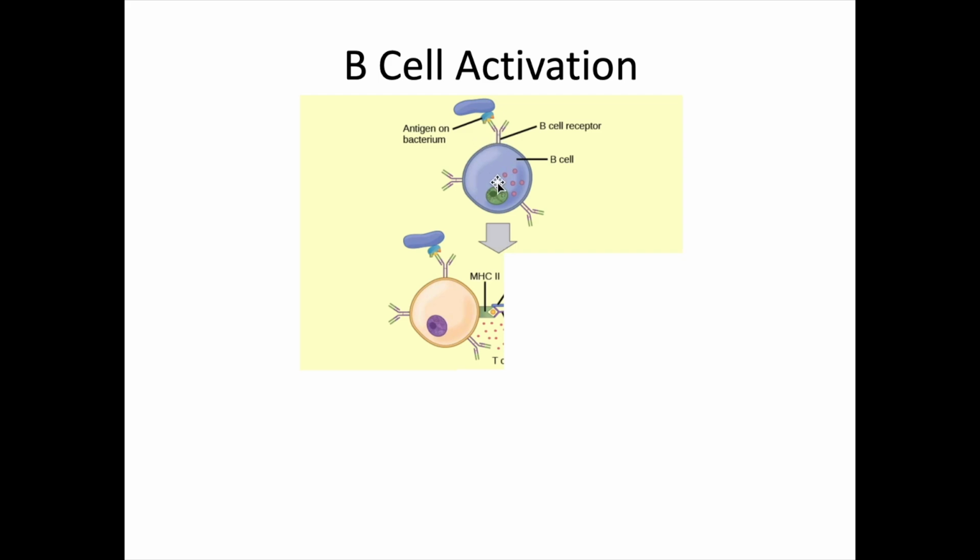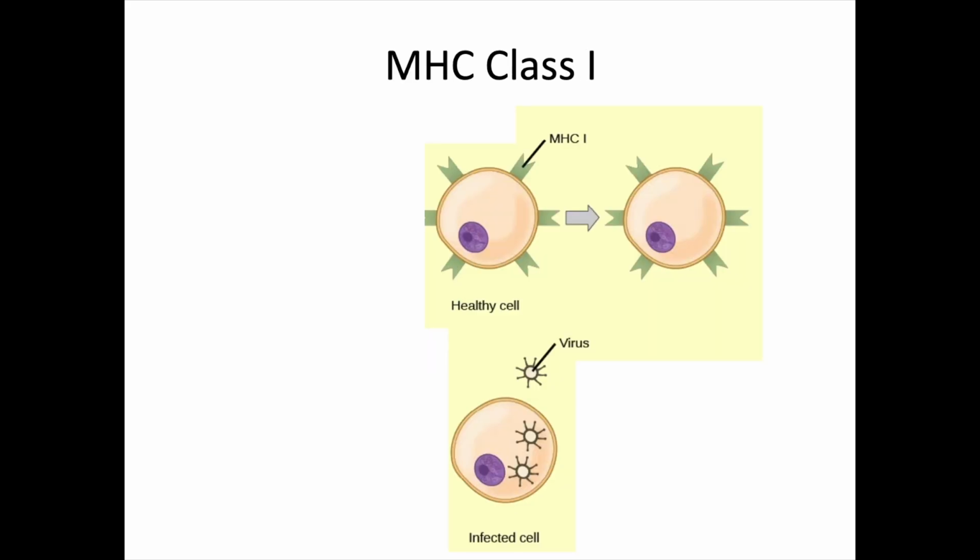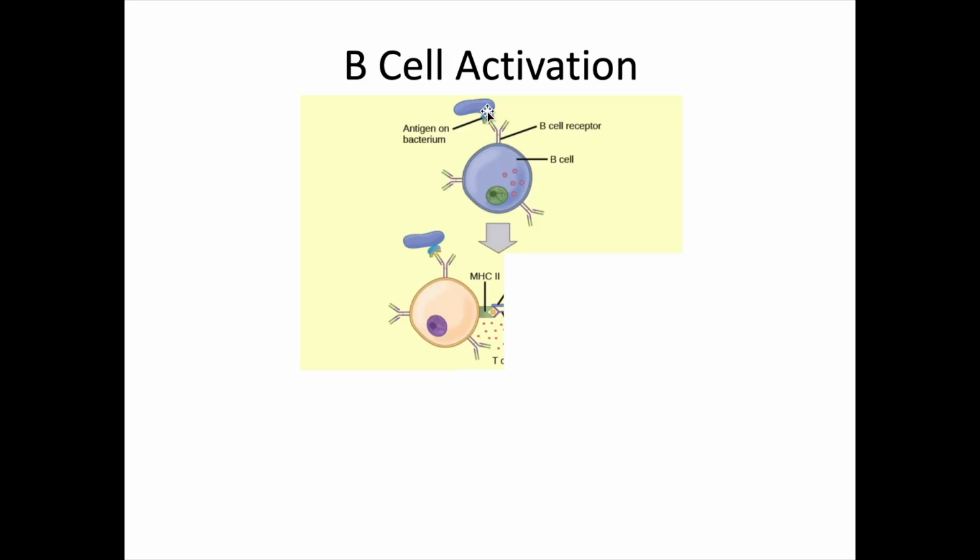So it's going to present a piece of that antigen on its MHC2. Now, I just want to point out MHC1 was something that all cells have. We are not talking about MHC1 now. What's being presented here is a piece of the antigen that was found on MHC2.